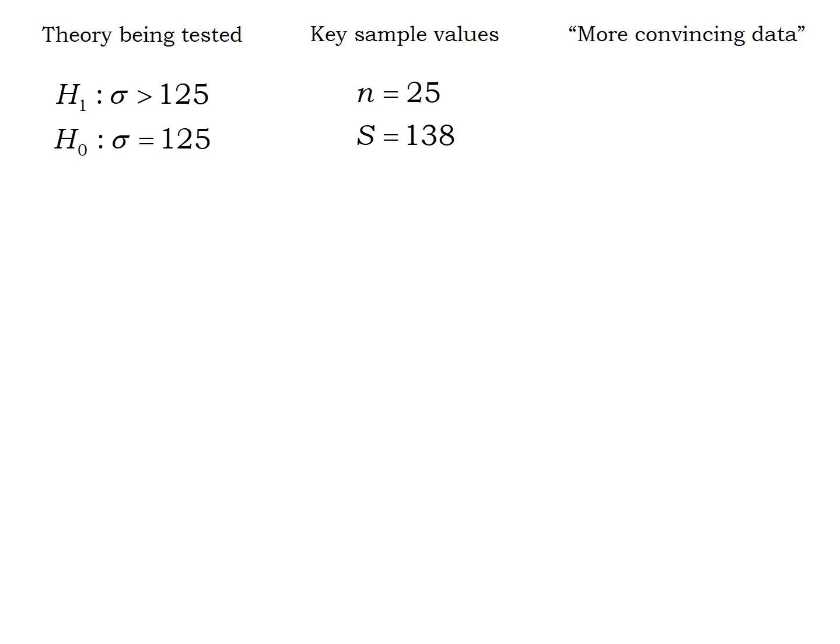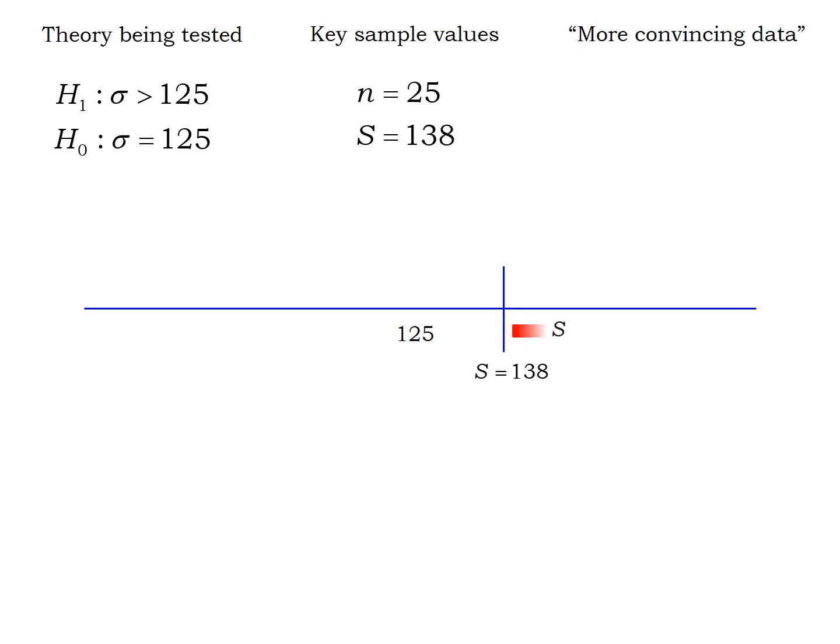So let's look at this visually. We're trying to be convinced that sigma is higher than 125. Right now we have a sample standard deviation of 138. That's definitely higher than 125. So we have some evidence to support the theory that the population standard deviation is higher than 125. Now, what would be more convincing than the 138 that we have for S?